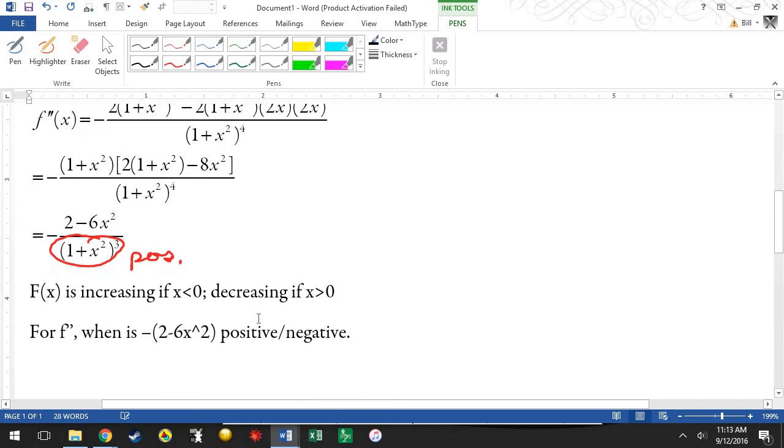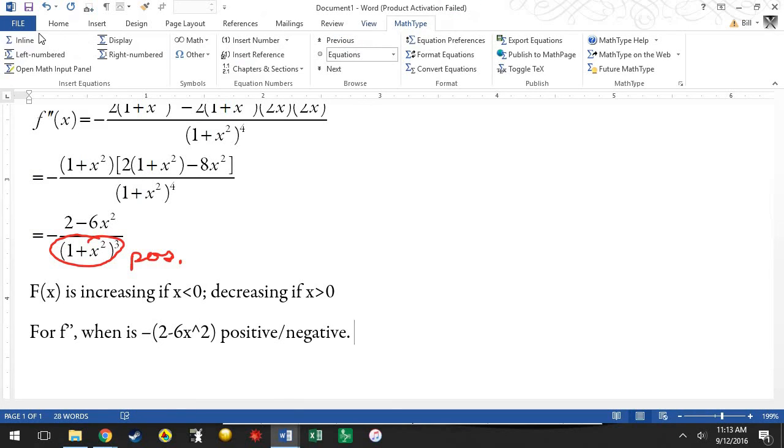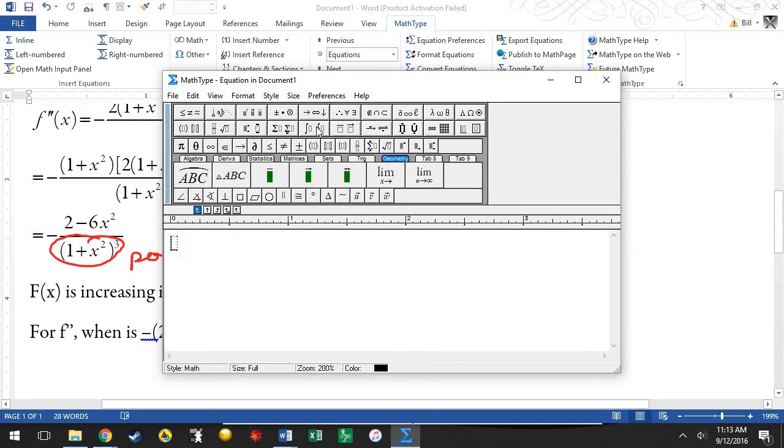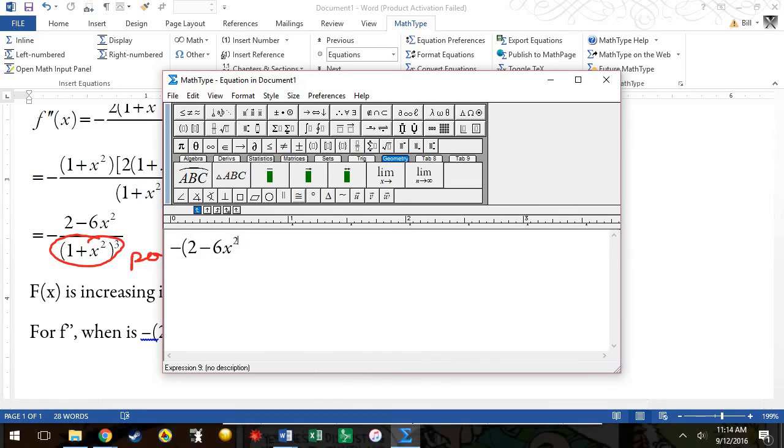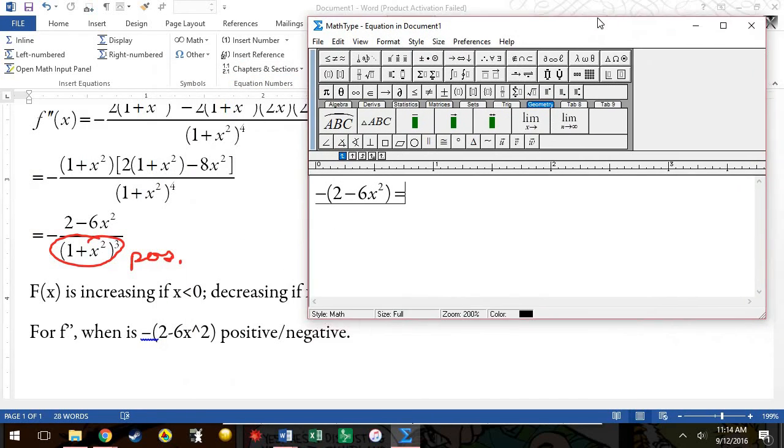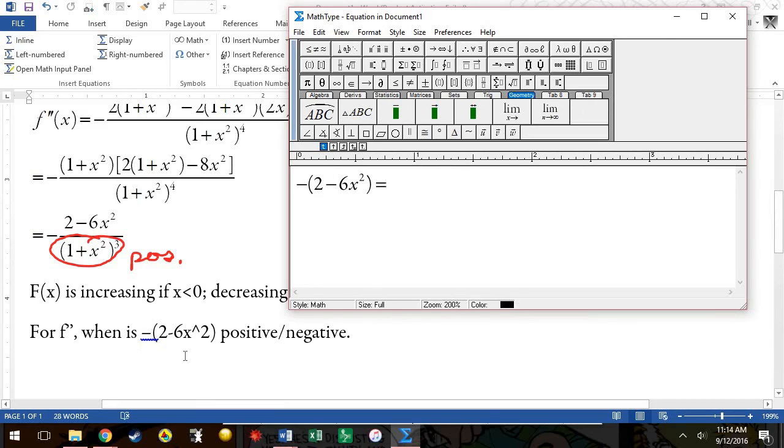The first thing I want to know is when is it equal to 0. So if I set this equal to 0, let me bring open another math typing window. That's what I'm going to use to make my sign diagram, so we know where this is positive or negative. First I have to know where it's 0, and that divides my number line into pieces.